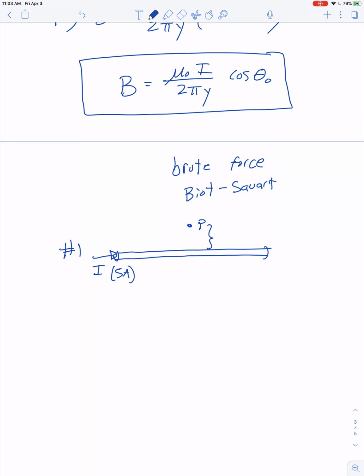We can say we're 2 centimeters away, not from the edge of the wire, but 2 centimeters away from the middle of the wire. That's how we define the y-axis. And then wire number 2, we'll say it carries the same current, but it's just much longer.